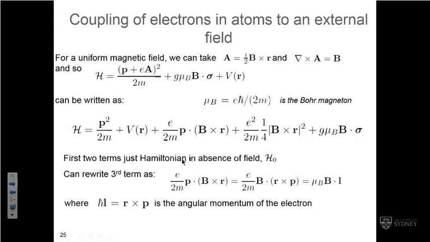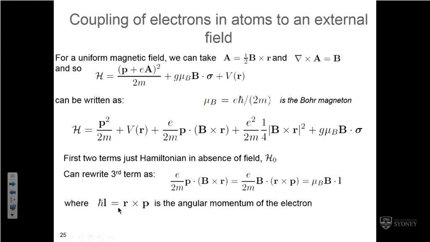So 1, 2, 3. Then what you can do is rewrite this third term here, B dot the cross product of B times R. You can rewrite that in another way as B dot product R cross P. And when you do that, you can recognize that this R cross P term is just the angular momentum of the electron.